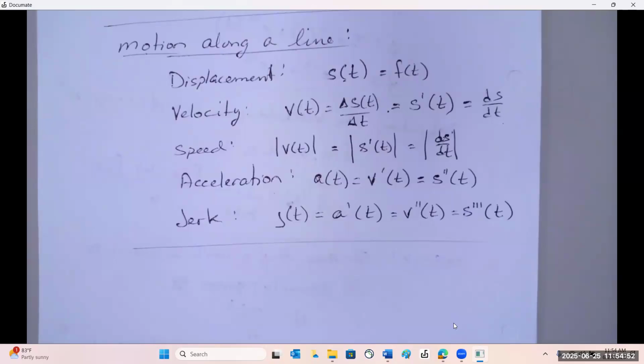Never thought about it that way, did you? No, it's just, so this is how everything's related.